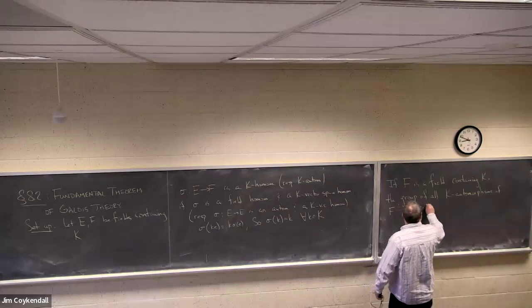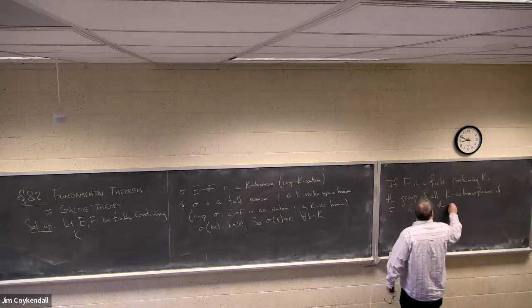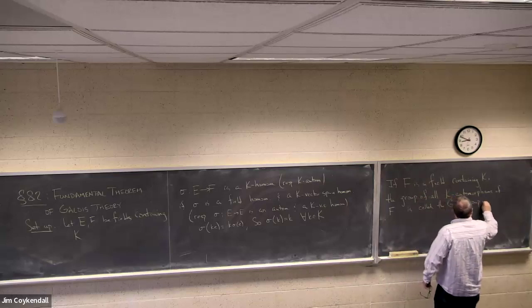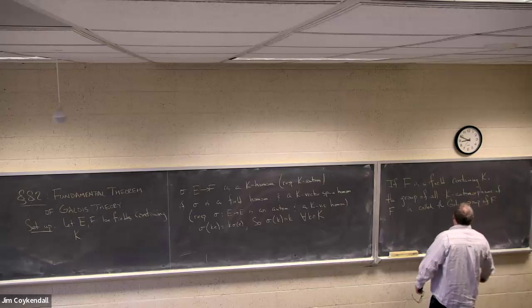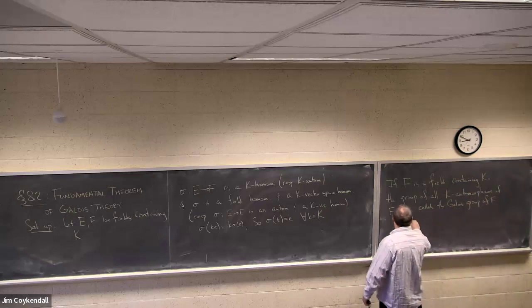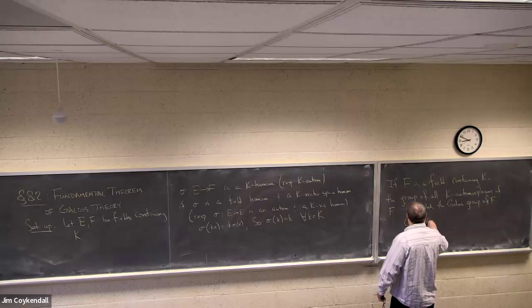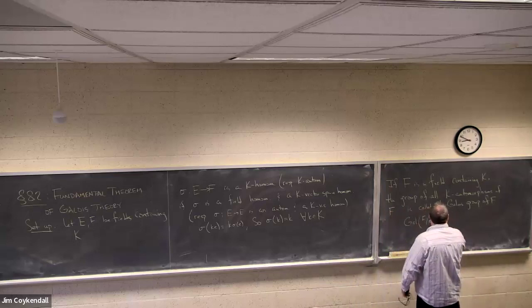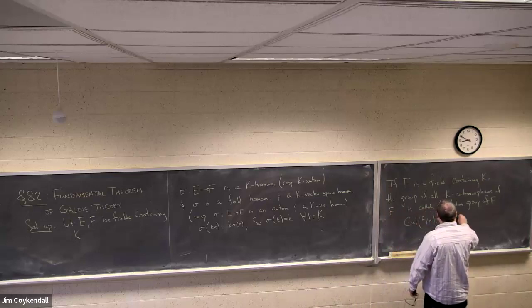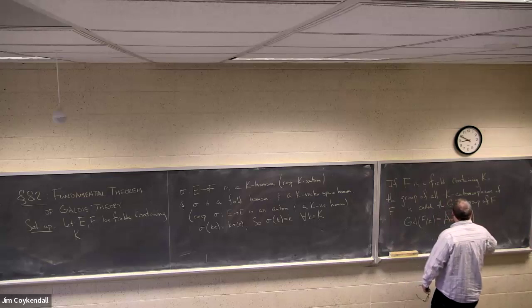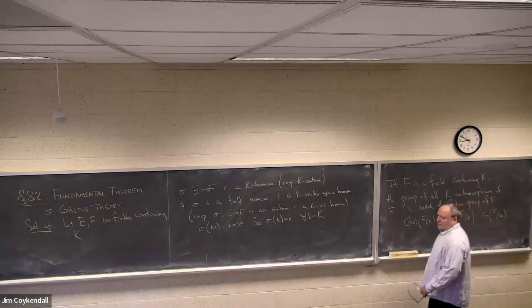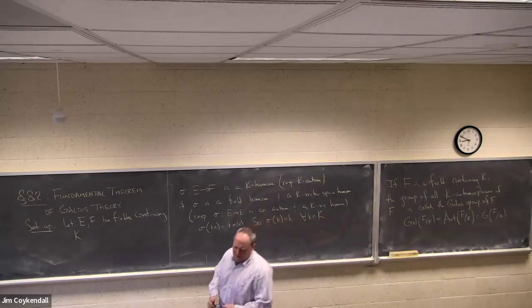Is called the Galois group of F. And so the K is important as well because you got to know what your base field is, Galois of F over K. Sometimes do it this way. Sometimes lazy people like this way, because every G should be a Galois group.